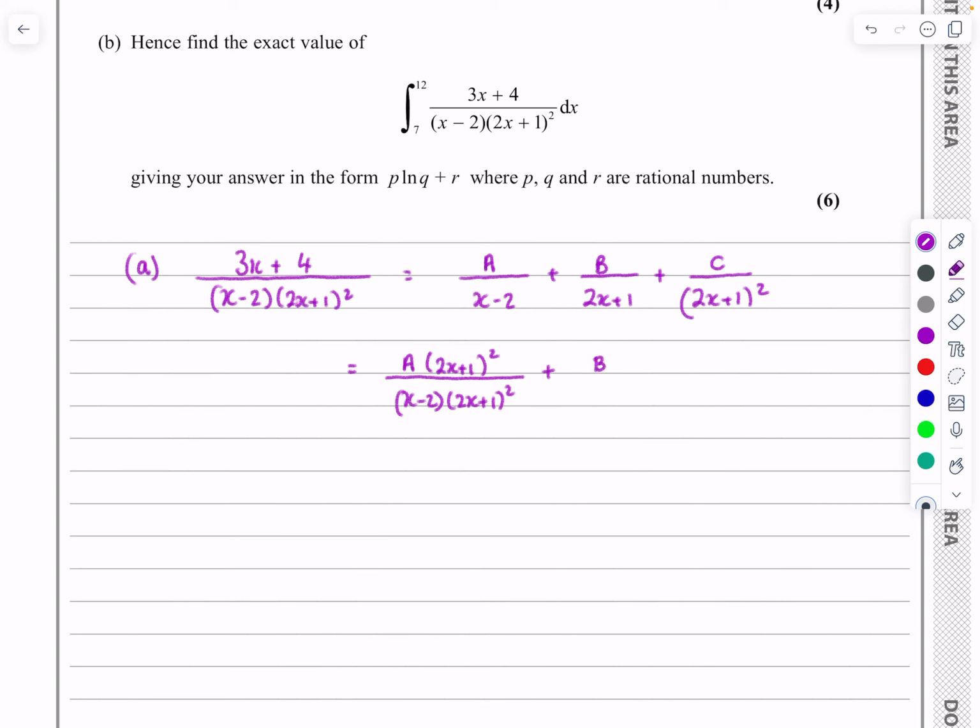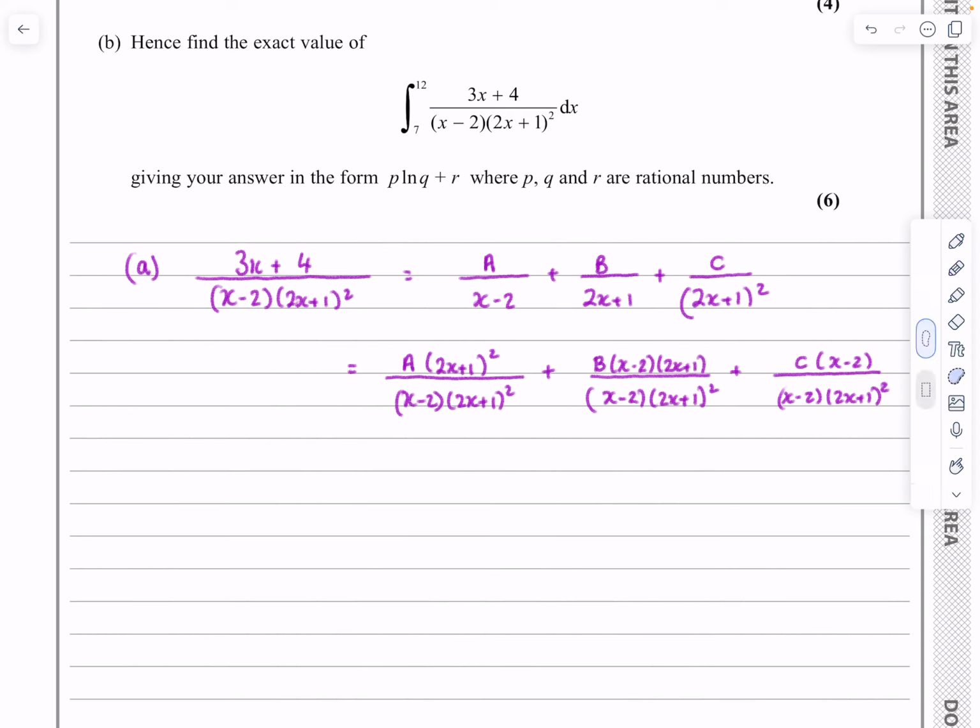Again, if I want this thing here to be the same common denominator, then I'm going to need to multiply by x minus 2 and 2x plus 1 over the same denominator, and then following exactly the same argument through. For the C, I'm going to need to multiply this one by x minus 2. So again, I end up with that common denominator of x minus 2, 2x plus 1 squared.